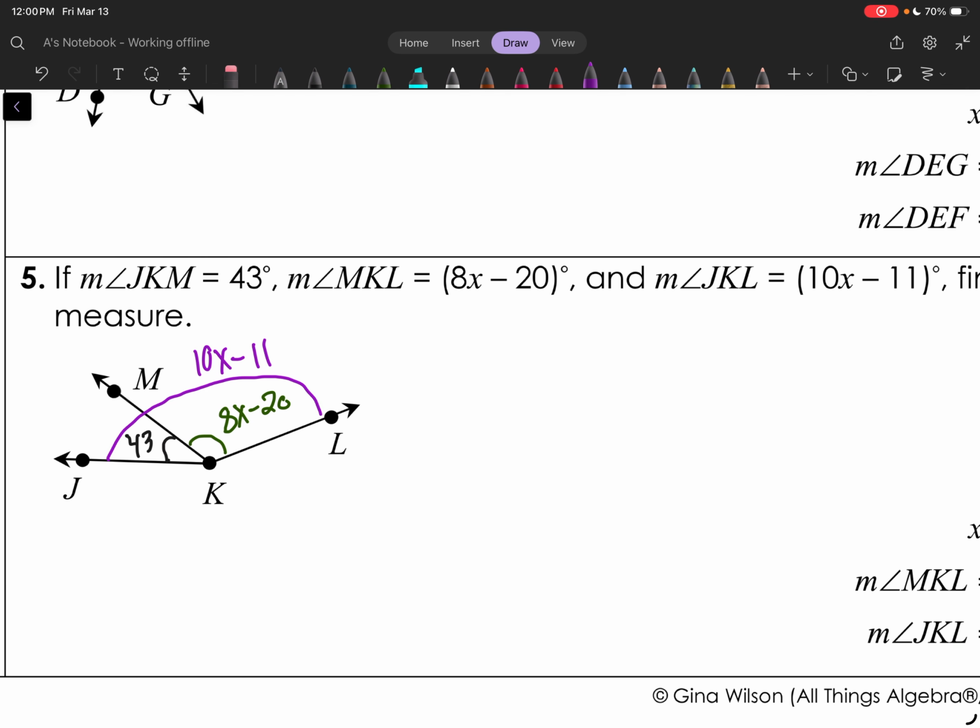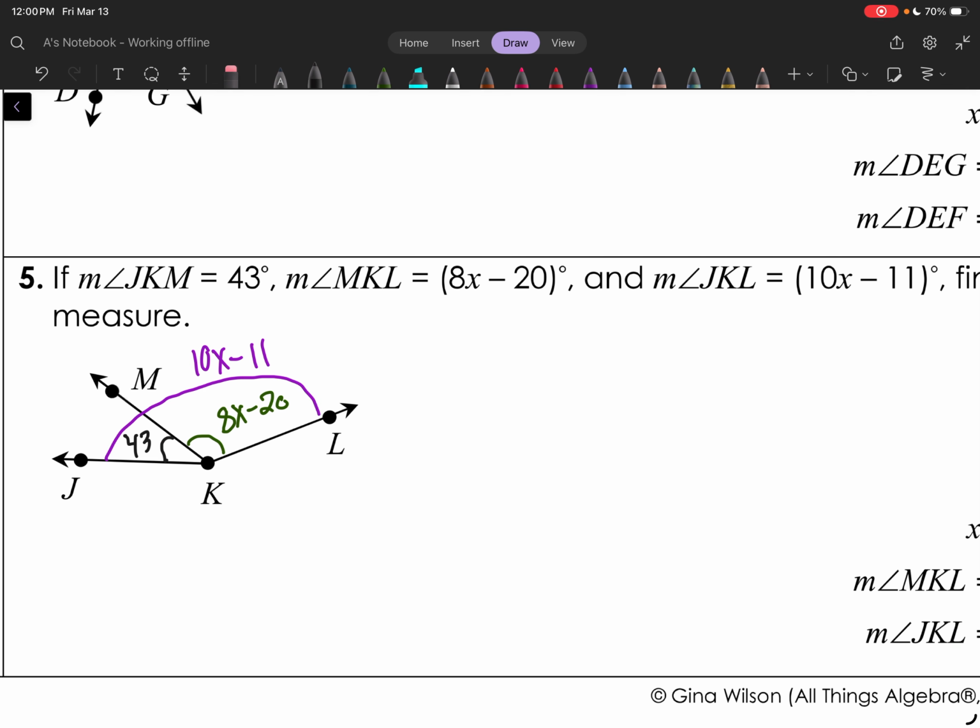Find each angle measurement. I can set up 43 plus 8x minus 20 is equal to 10x minus 11.